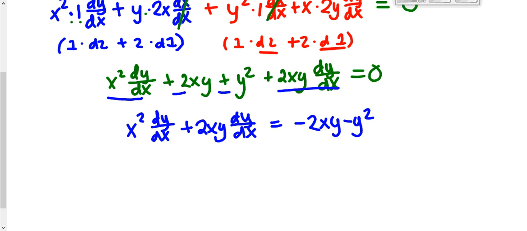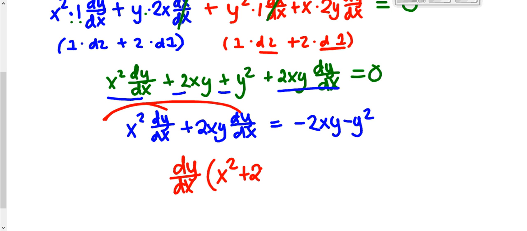I factor out dy/dx to get it by itself, so dy/dx times x squared is left in the first one, plus 2xy in the second one. So negative 2xy minus y squared.